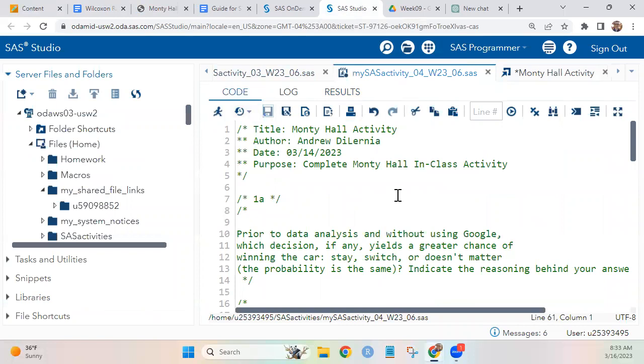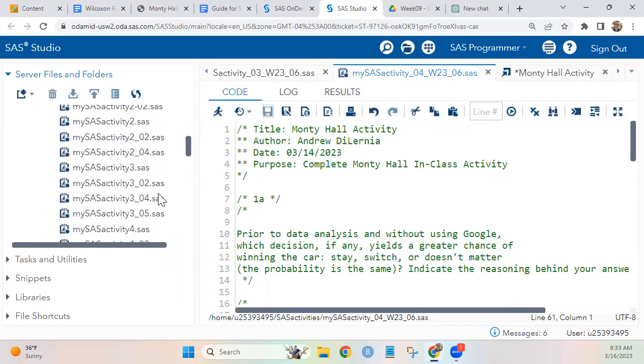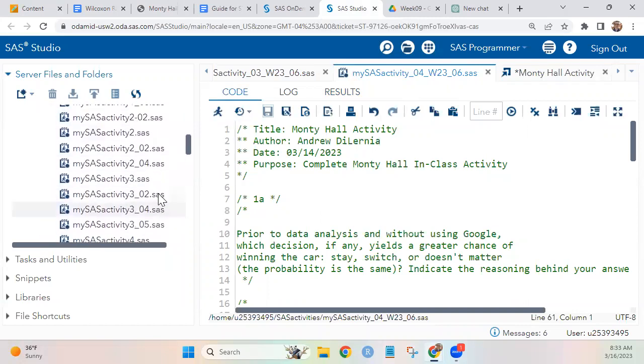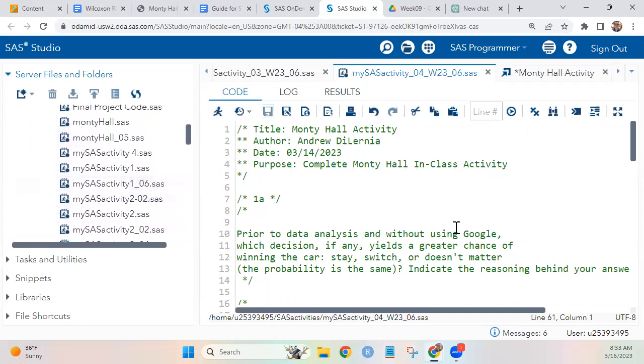So let's get SAS Studio open back up. Last time I had trouble updating the data, so we were using data from a previous semester, but now it's in the same file, so we don't need to change the code, but it's actually updated, so now it's reflective of your responses, what you did last class.